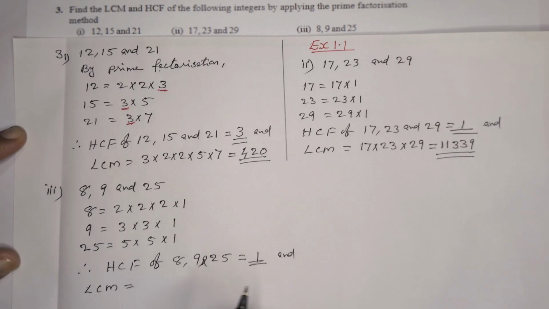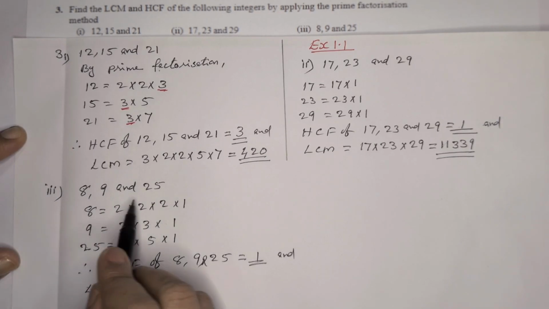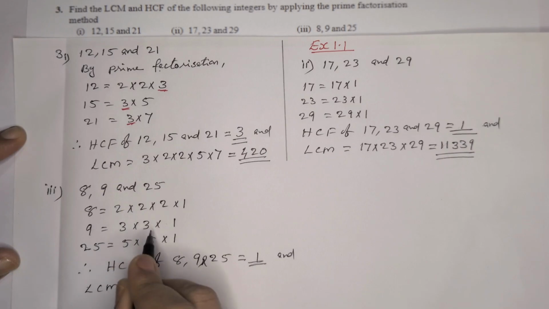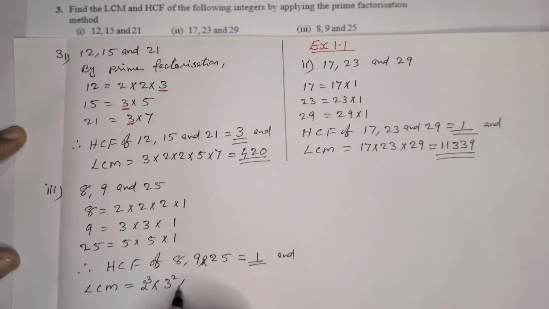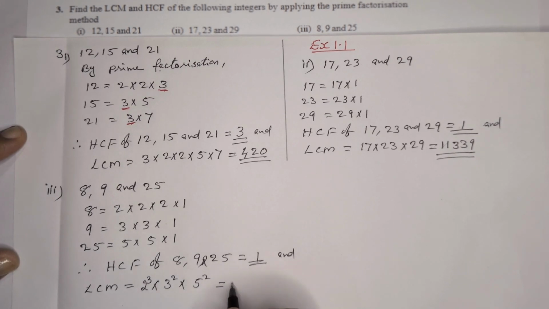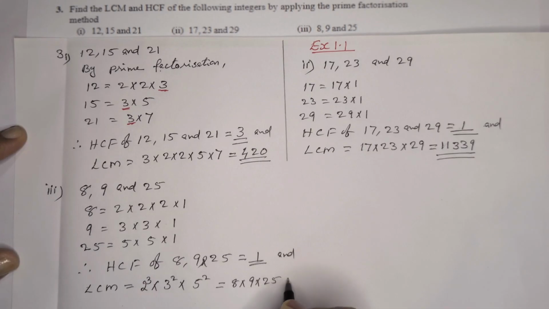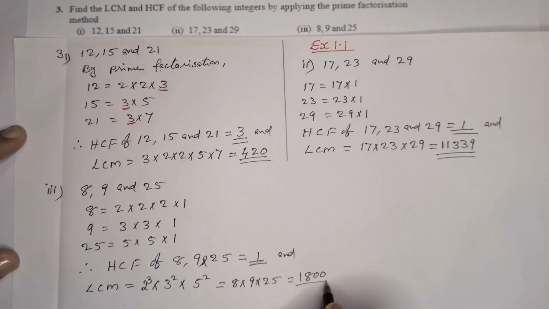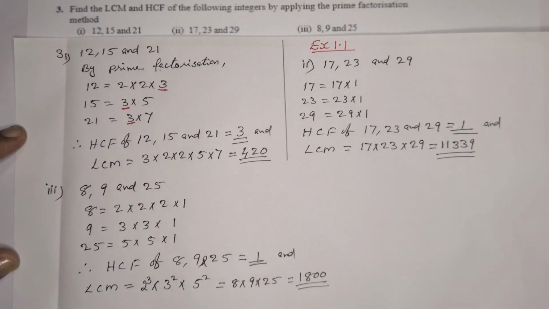Then LCM is equal to 2 cube into 3 square into 5 square, which is 8 into 9 into 25, and we get 1800. So LCM is 1800, HCF is 1.